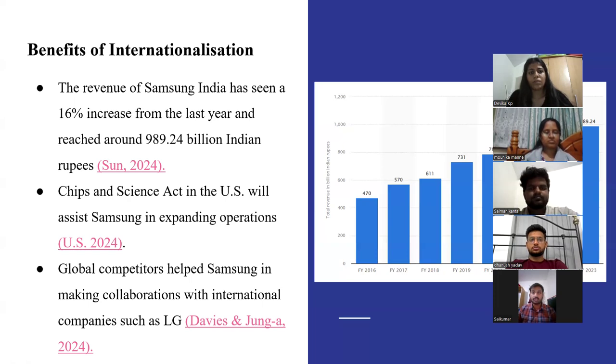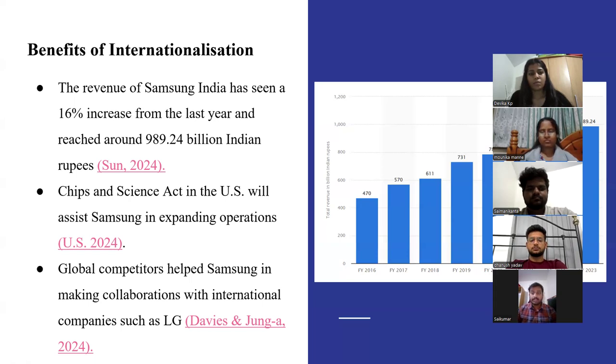Driving factors like labor and raw material costs in Vietnam helped Samsung increase productivity with limited resources. Competitiveness in the global market saw Samsung collaborating with companies such as LG to increase market share.